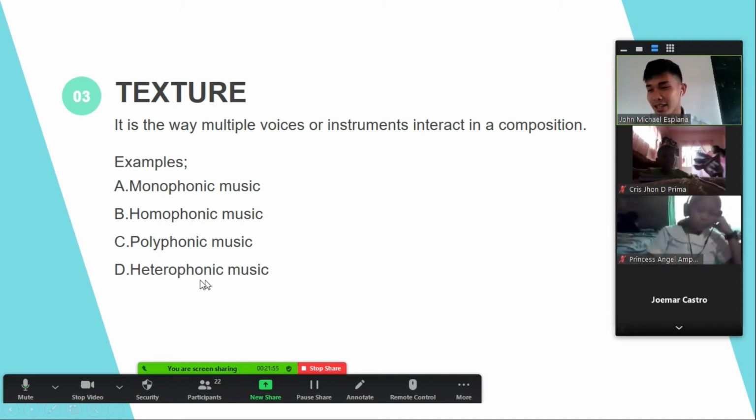Next, for the last one, yung tinatawag natin na hetero. Ka-oppose ng mono yung poly, ka-oppose ng homo yung hetero. So heterophonic music.